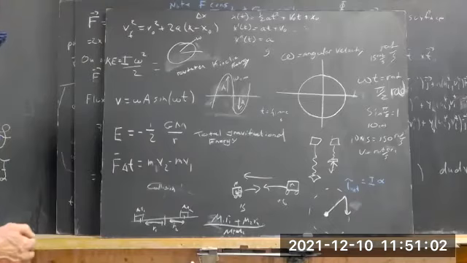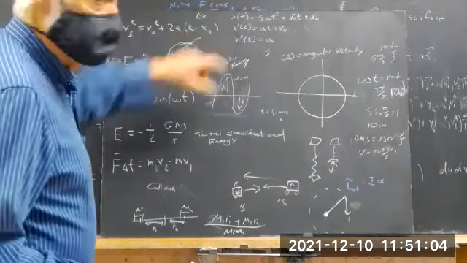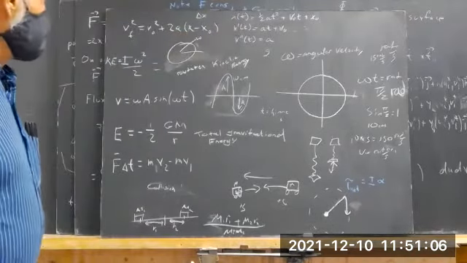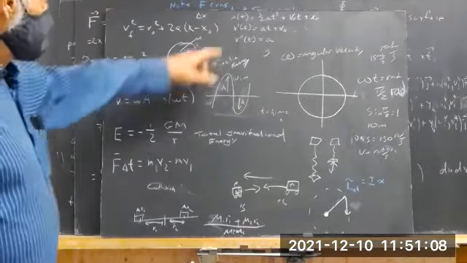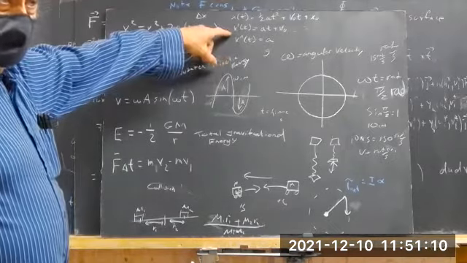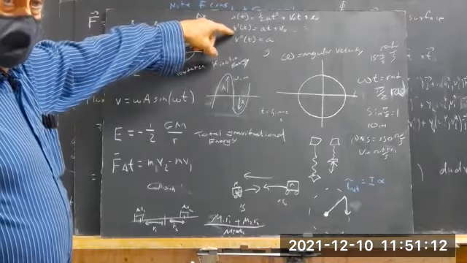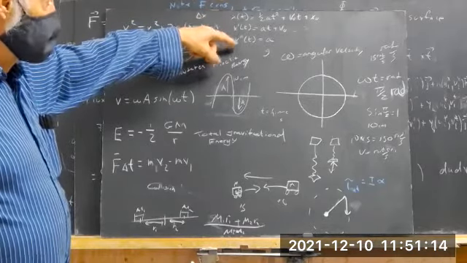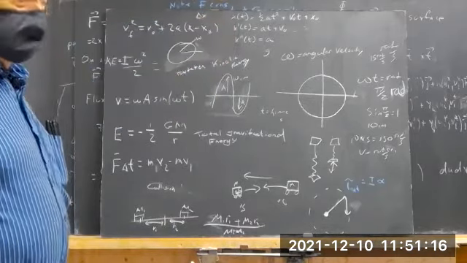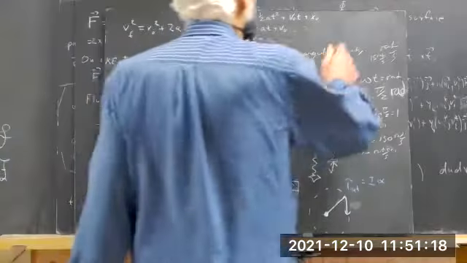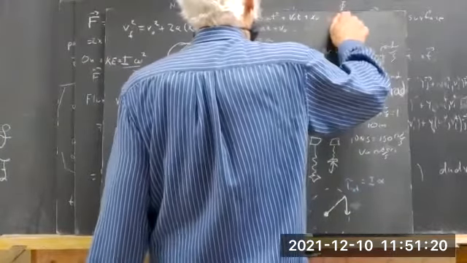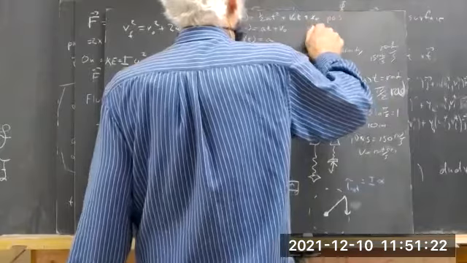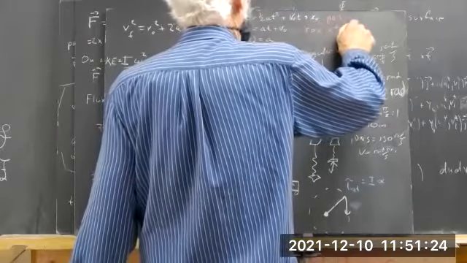Okay, well, this is pretty good. Because we know that this, of course, is velocity, the rate of change of position. This is acceleration, the rate of change of velocity. So this is position, rate of change of position.